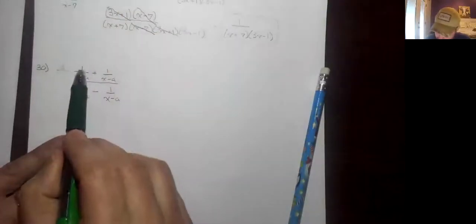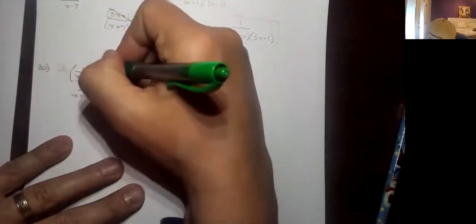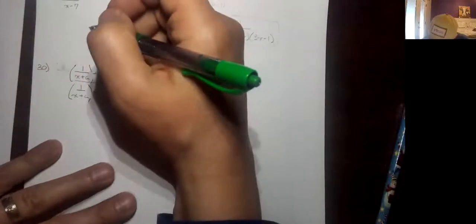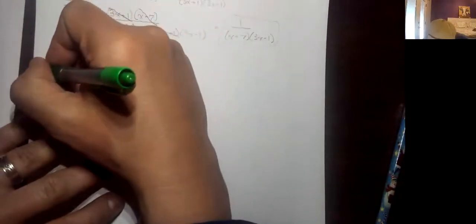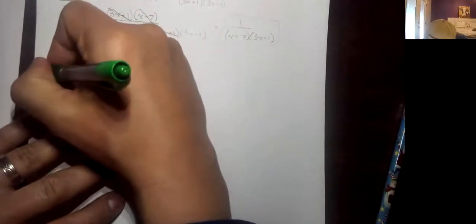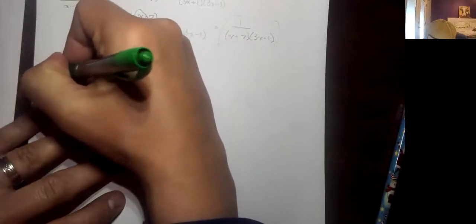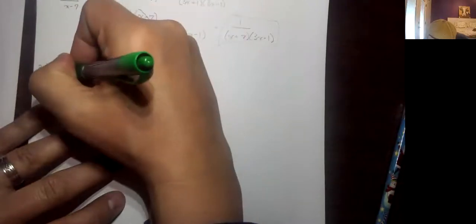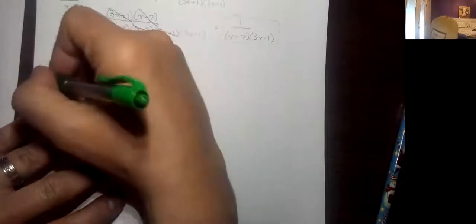Now here, because there's 1, 2, 3, 4 fractions involved, I will multiply by the LCD, and I will multiply all of them by the LCD. In this case, I should have left myself more room over here. And assume that's on the top.